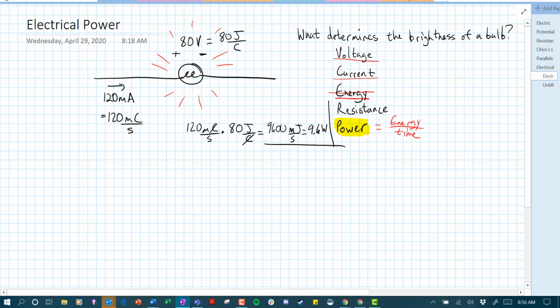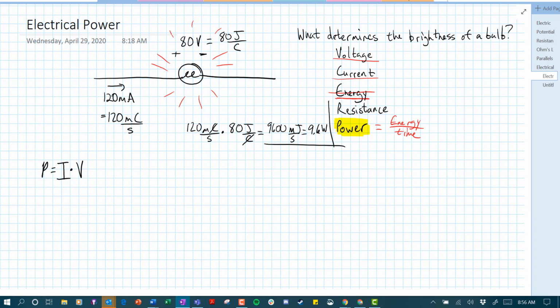So that's really a clue as to how we can calculate electrical power, and that's going to give us our definition. Electrical power is going to be current times voltage, either through the whole circuit or through an individual circuit element.